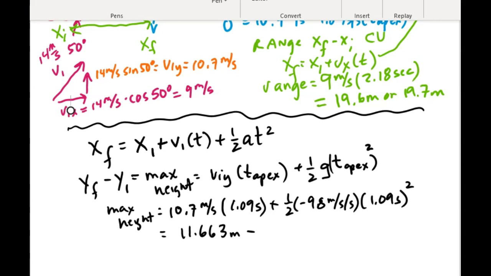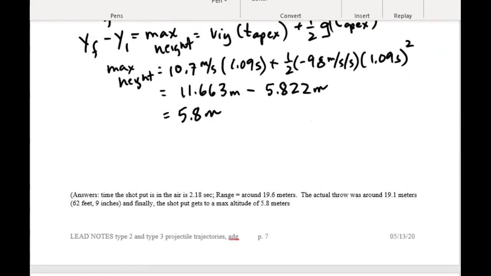I want to square that, and I get around 5.822 meters. So we have 11.663 minus 5.822. We get around 5.8 meters. And that's what I'm getting here on my answer.